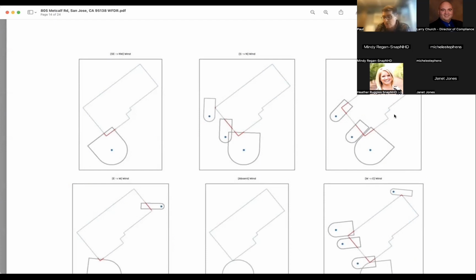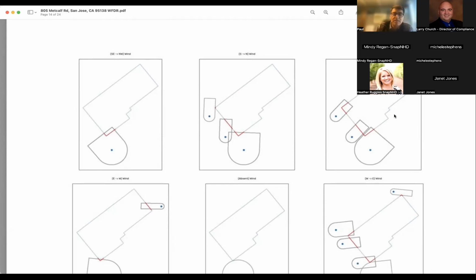Even if the structure is made out of a really flame-resistant material like stucco, you have to think about the frames around the window. You have to think about the glass in the window. If it's single pane glass, glass will crack very quickly. You think about the overhangs on the eaves, right? While the structure can be stucco, the eaves are more than likely to be made of wood, or the connectivity between the eaves and the gutter will be made of wood.